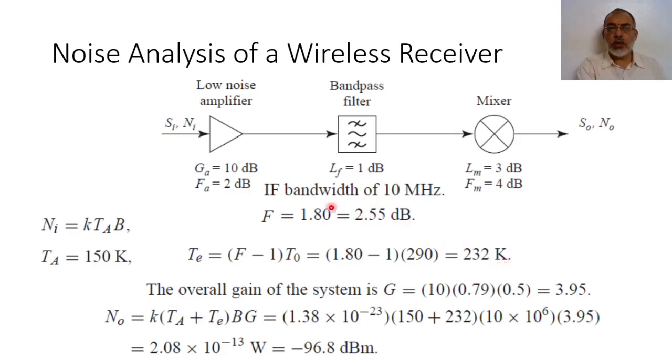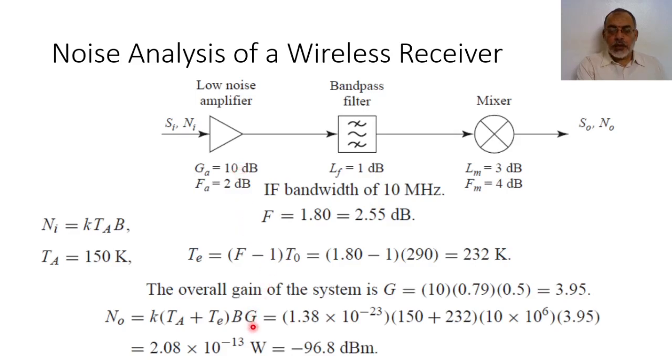Now the total noise due to the input plus the internal noise would be the total noise in output. It would be the total gain multiplied by the bandwidth multiplied by K multiplied by the equivalent noise temperature inside the circuit plus the noise temperature from the antenna. So the value GBK multiplied by TA is effectively the input noise multiplied by the gain of the total system.